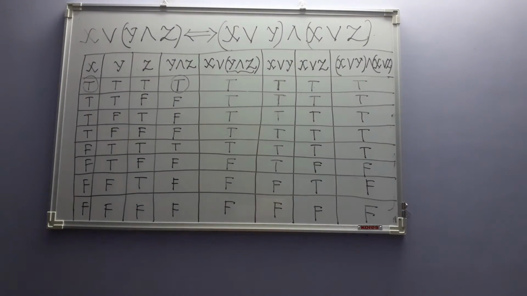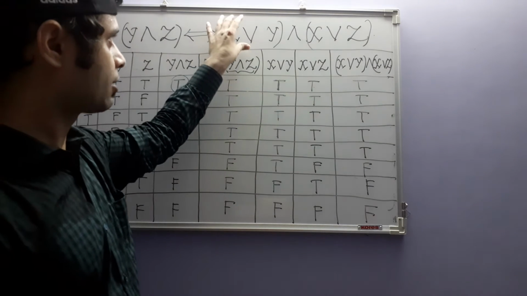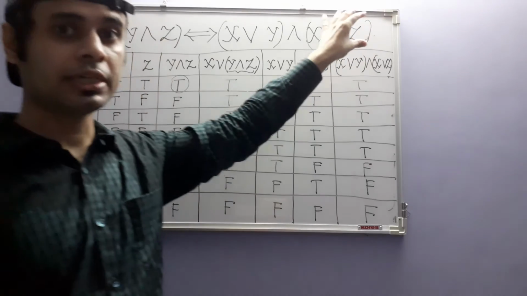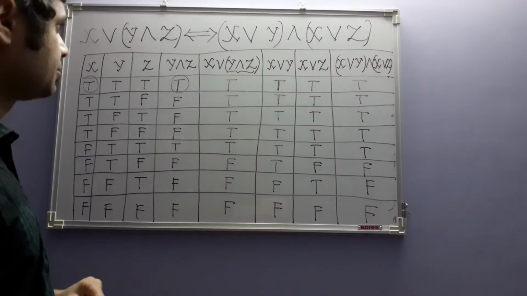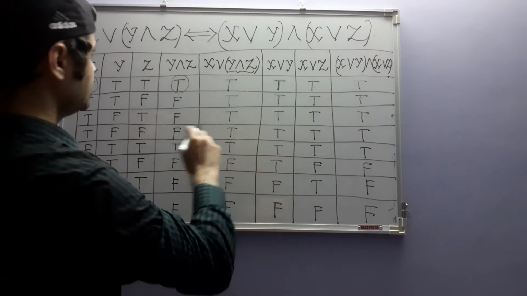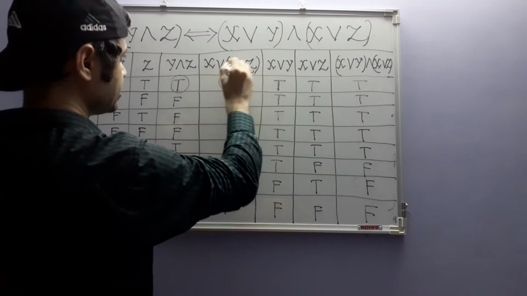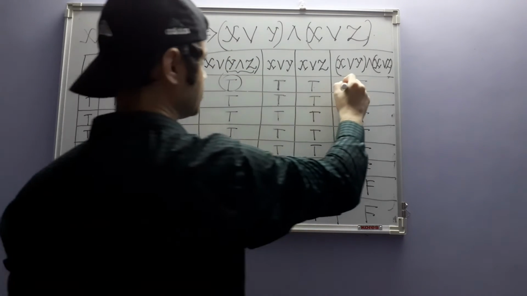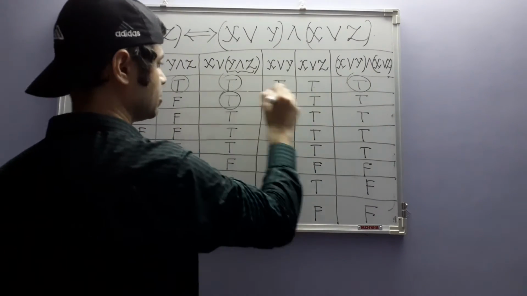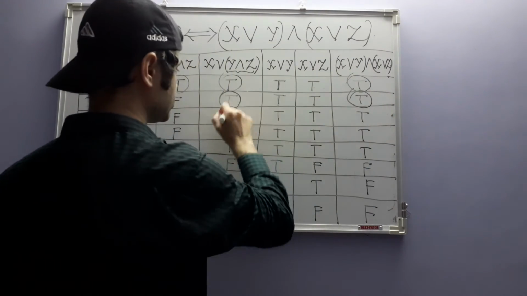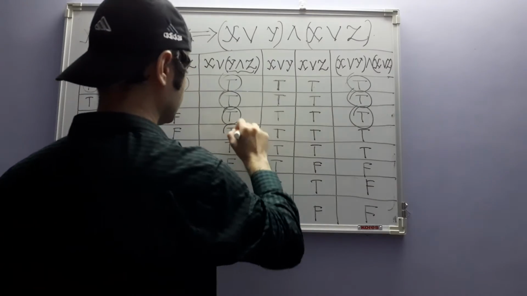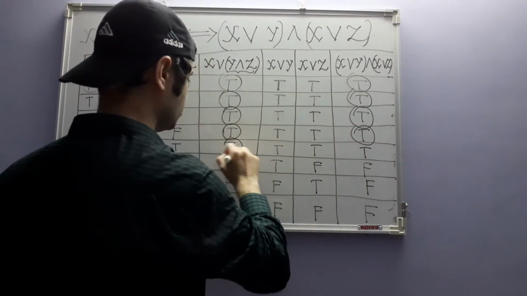Now, although I don't have space for writing a column for this final one, we just have to see whether these entries are the same. See? They are same. True, true.